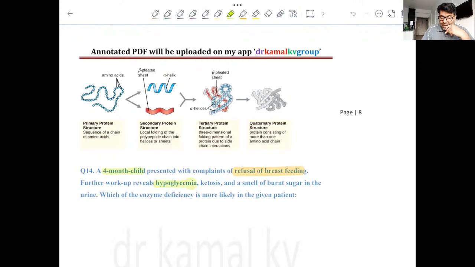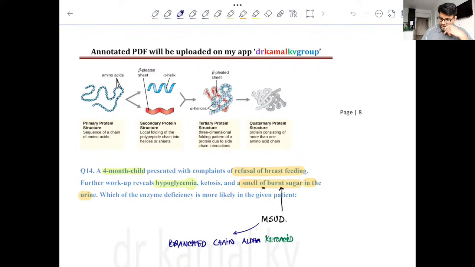Now moving forward, a 4-month-old child presents with refusal of breastfeeding, and it was noted that there is hypoglycemia, there is ketosis, and smell of burnt sugar in the urine. Now, the moment you have this particular keyword, there is no need to look at the other things in the question statement. Smell of burnt sugar, this is maple syrup urine disease, and the enzyme deficient is branched chain alpha keto acid dehydrogenase.